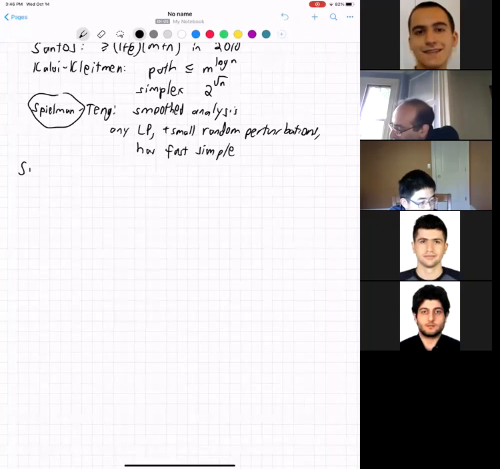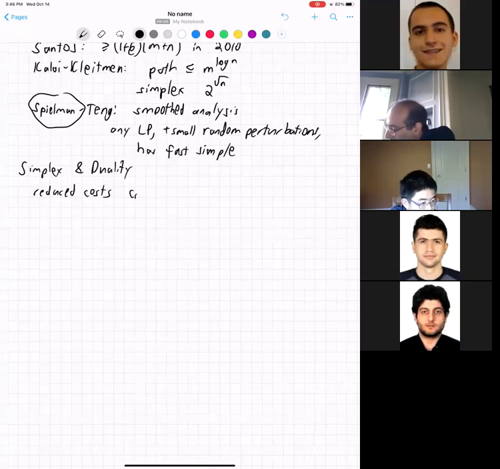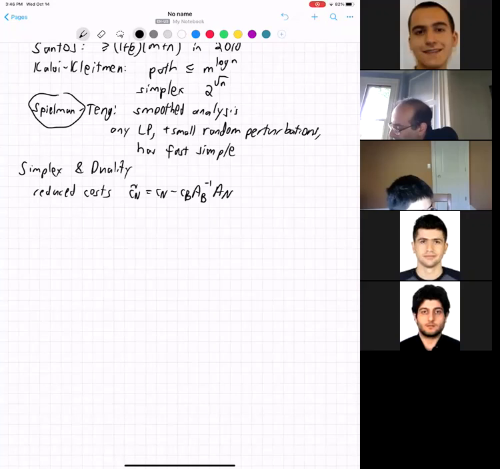So let me show you one little addendum regarding Simplex and duality. Remember we had these reduced costs where we said Cn tilde equals Cn minus Cb AB inverse An. And when all the Cn tilde are greater than or equal to 0, we have an optimum, right?